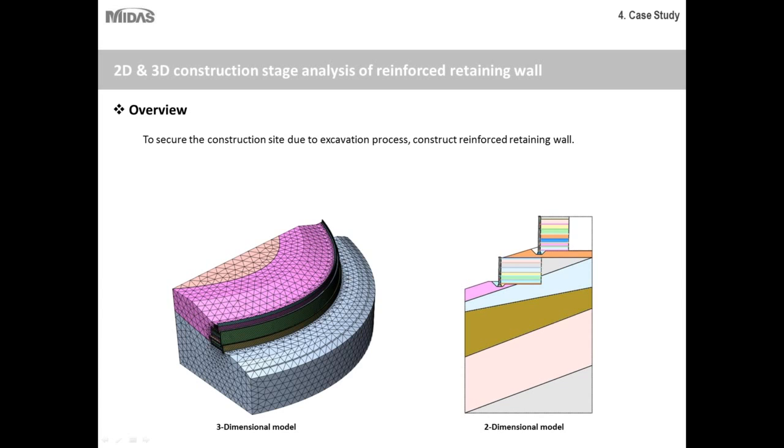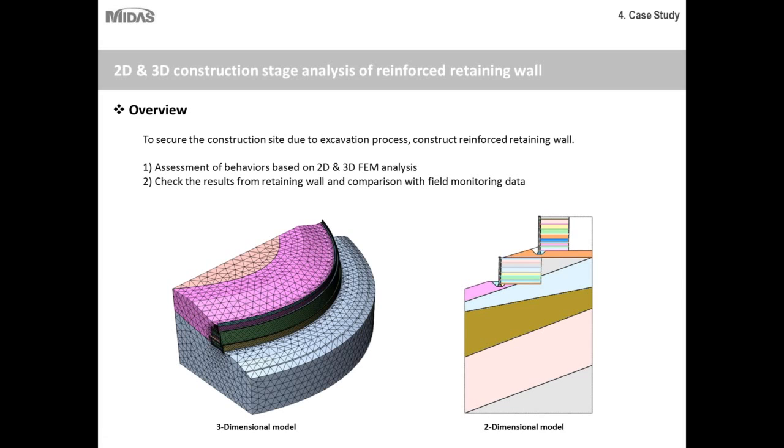They had to determine two main things. First, they have to assess the behavior of the soil structure interaction, that is the relative displacement occurring between the wall members and the soil. For this, they have to do a 3D analysis, and then check the results they are obtaining from the retaining wall and compare them with the field monitoring data.